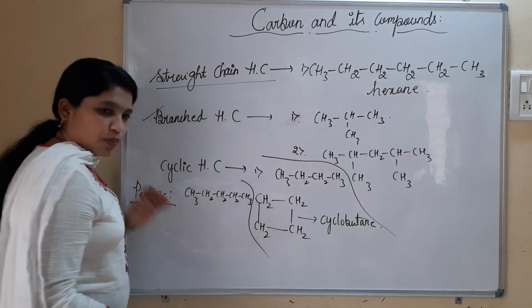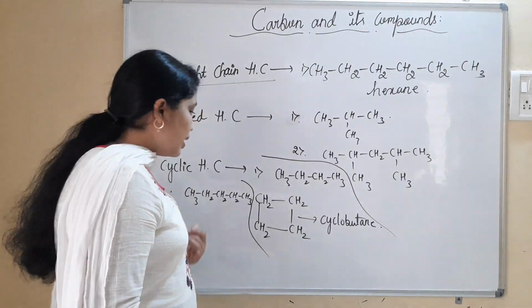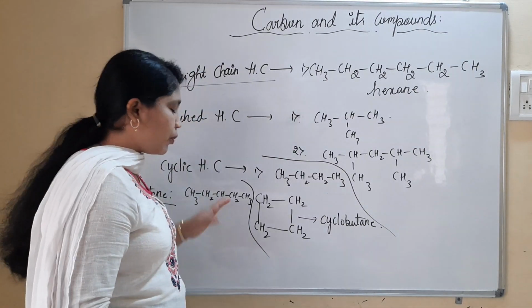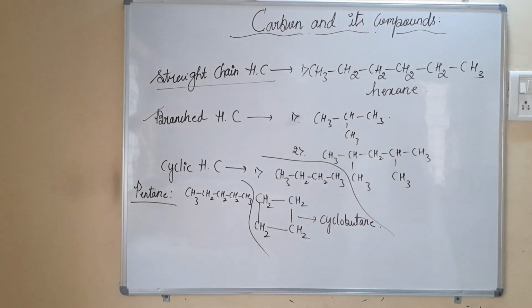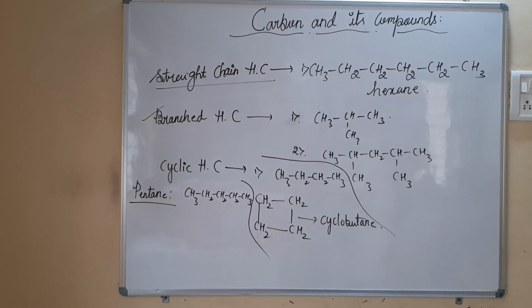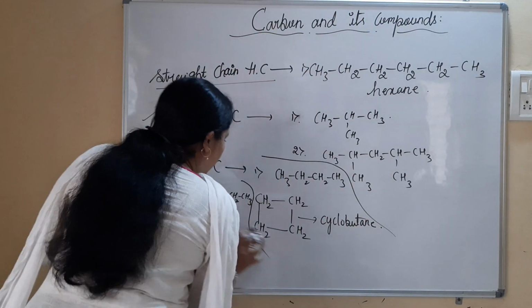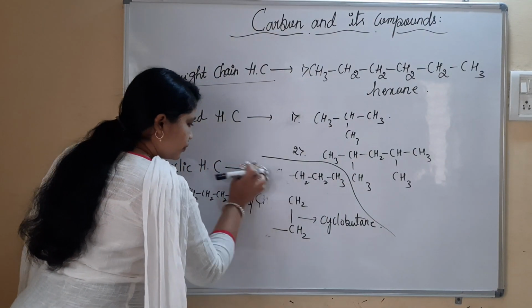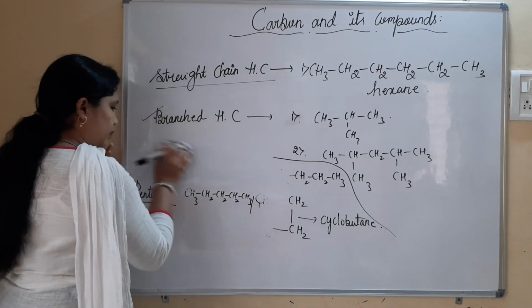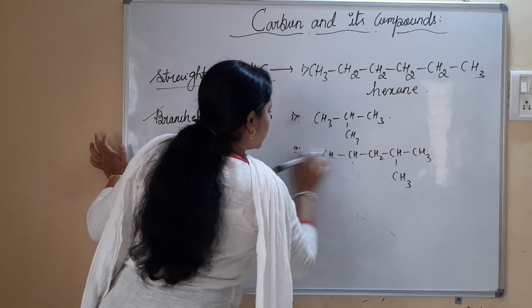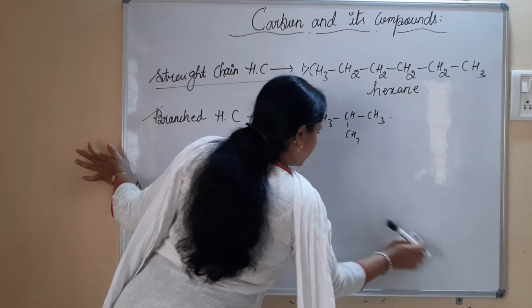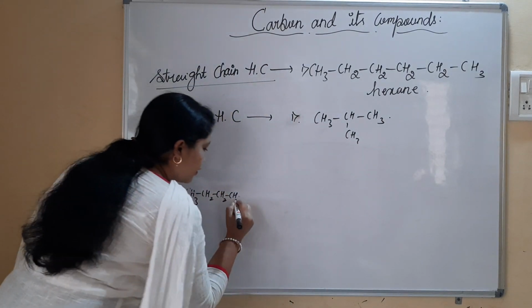All of you please pause the video and try to write the cyclopentane with the help of this pentane molecule. Okay. So here I am writing this one. What do I have here?